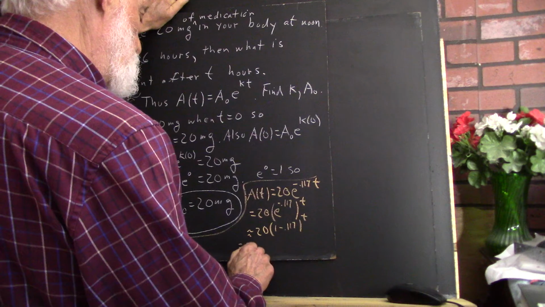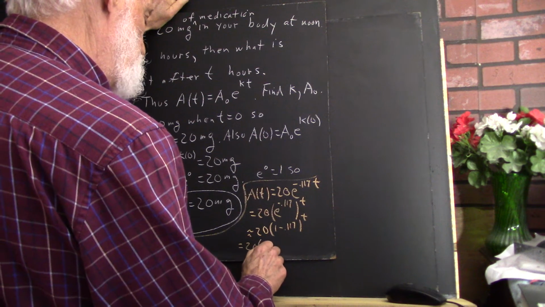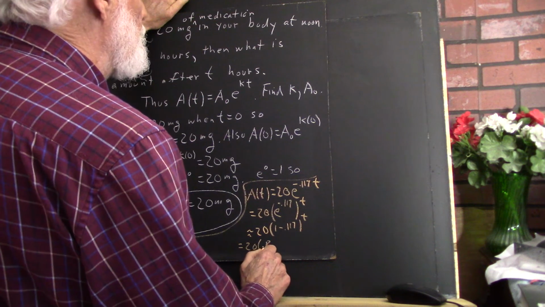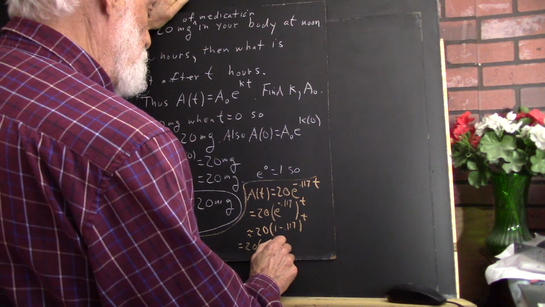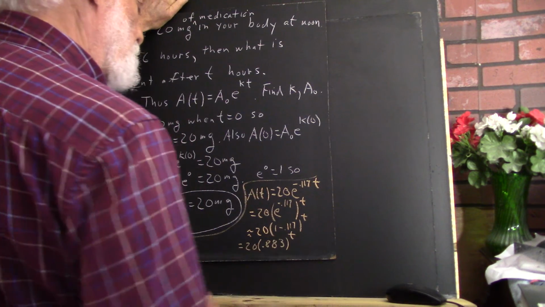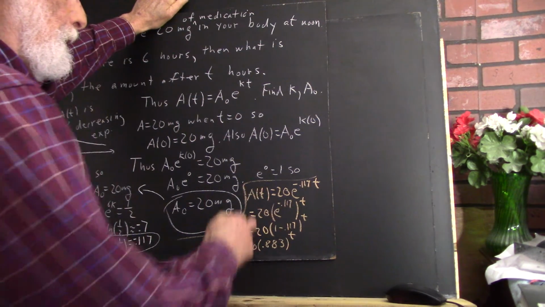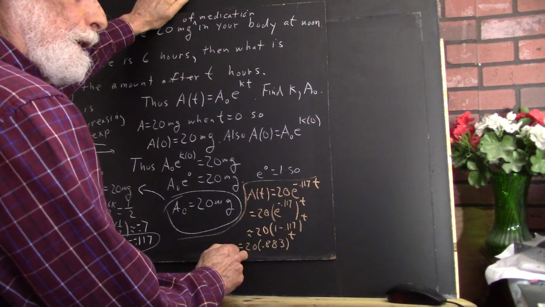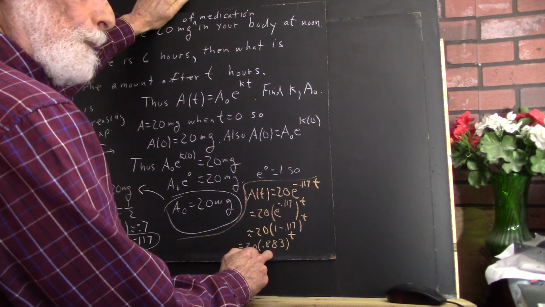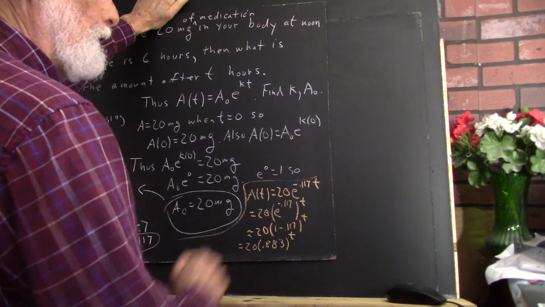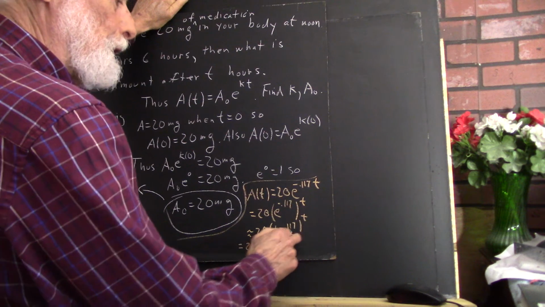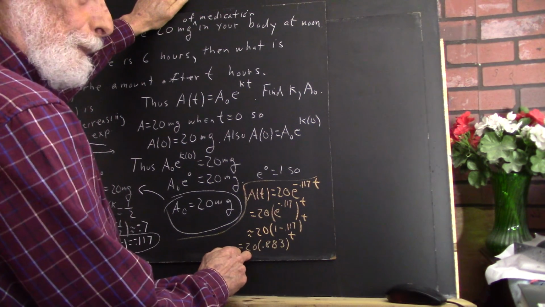And that would be 20 times 0.883 raised to the t. Several ways of expressing this. This is a little more intuitive than this e to the negative 0.117 t, because you just have your base and your power, and you multiply that by 20.